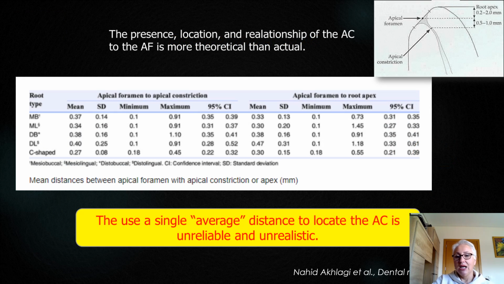You can see the results from a study of the distance from the apical foramen to the apical constriction for the mesiobuccal root type: averages of 0.37, 0.34, 0.3, 0.4, and the distance from the apical foramen to the root apex also varies. So the average we use in clinical practice, 0.5 millimeters, is unreliable and unrealistic, because every tooth has a different distance.